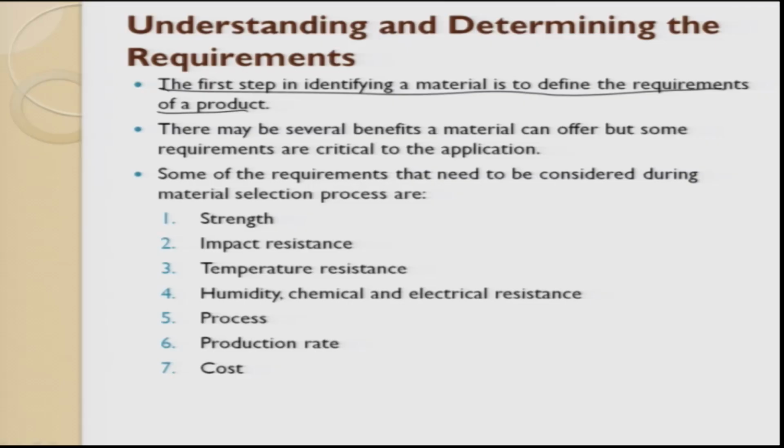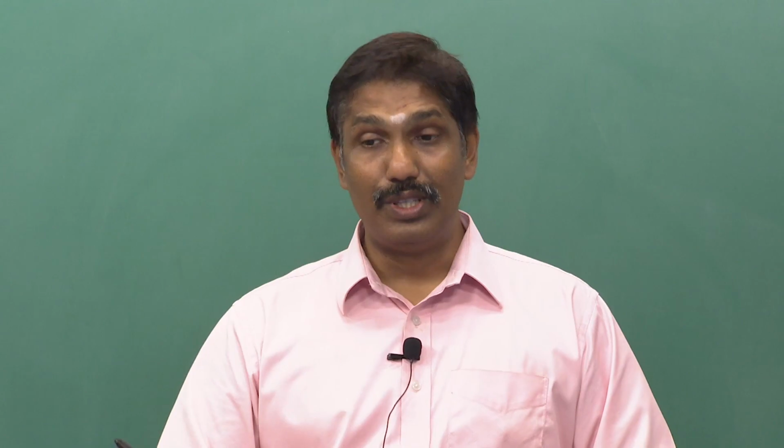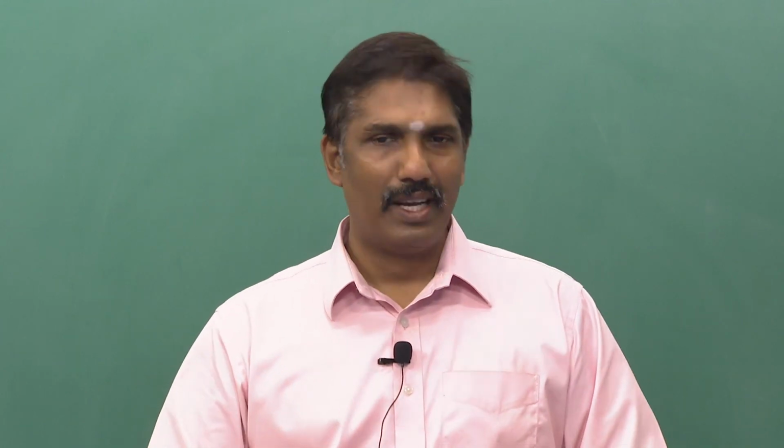The first step, in identifying a material, is to determine the requirement of the product. Once that is done, then the next step becomes very easy. There may be several benefits a material can offer, but some requirements are critical to the application. So out of these so many things I said for a chair, by and large, a chair has to take a compressive load, it has to distribute the loads between the four legs, and it has to take impact load.